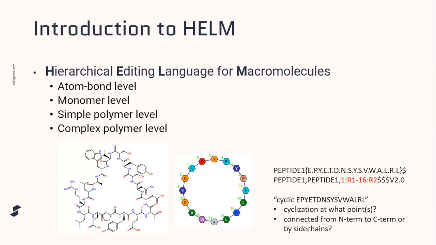Are the monomers connected from N terminus to C terminus, or are they connected by their side chains? There's a lot of information that you can't interpret in just plain text. And so this is where HELM really shines, by explicitly defining for you in the HELM string which connection points of which monomers are connected to one another in a machine readable format that can be processed by automation and AI tools, as well as by Scilligence Regmol.